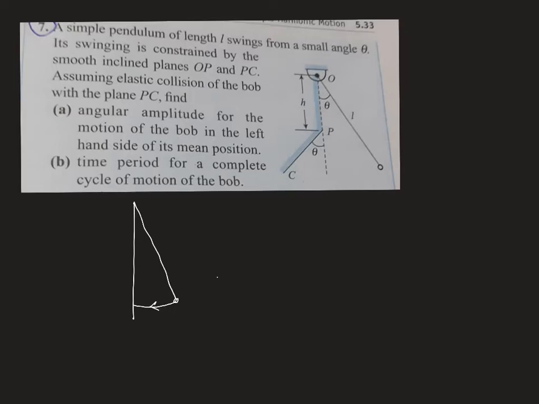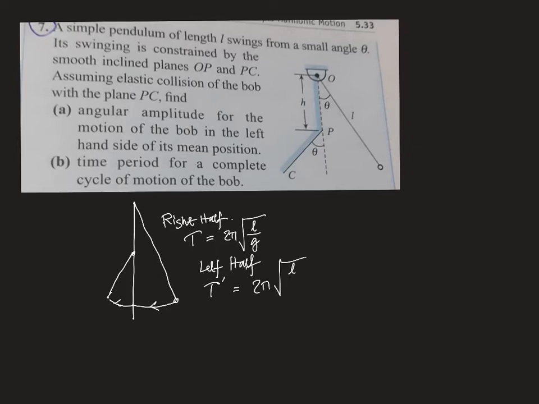So for the right half, if it were full SHM, then the time period would have been 2 pi root over L by G. And say for the left half, if it were full SHM, the time period for the left half would have been how much? 2 pi root over L minus H by G, right?